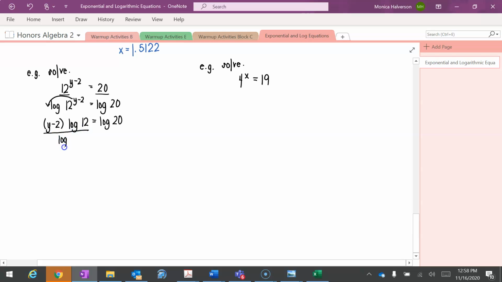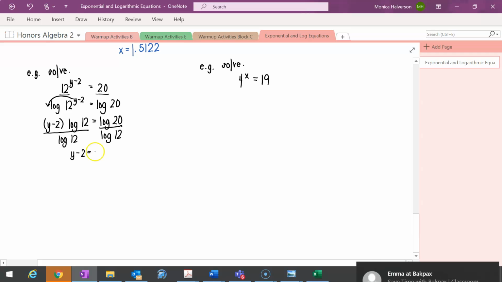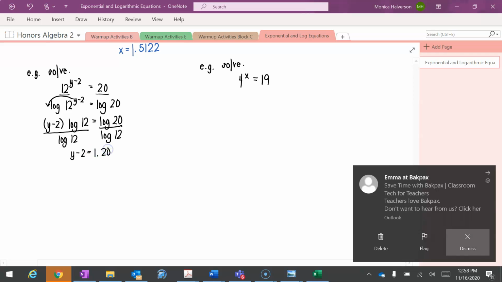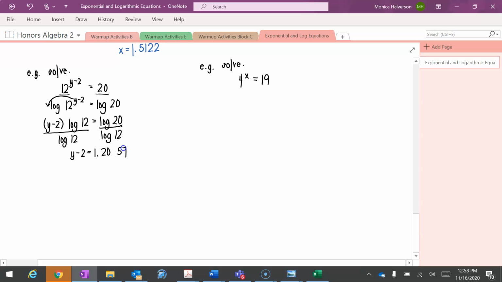Then we're going to divide both sides by log 12. Y minus 2 is equal to 1.20557135 and then we're going to add 2 to both sides, and we get y is equal to 3.2056.